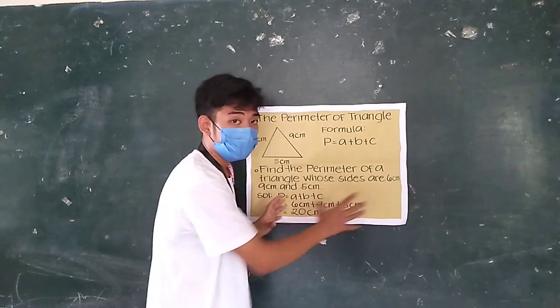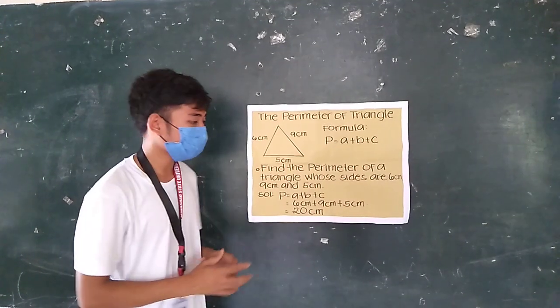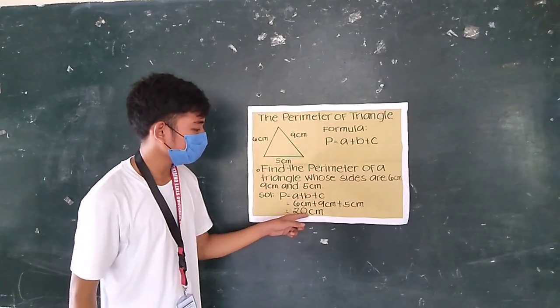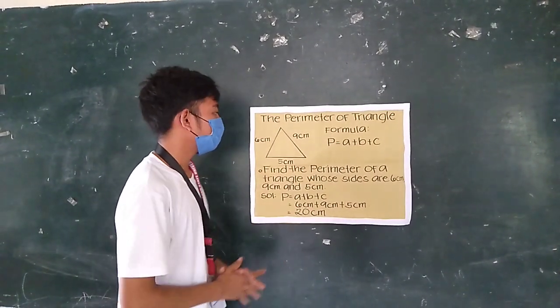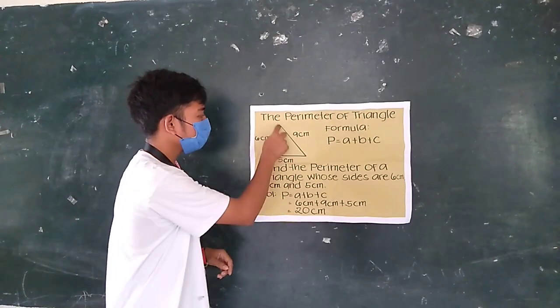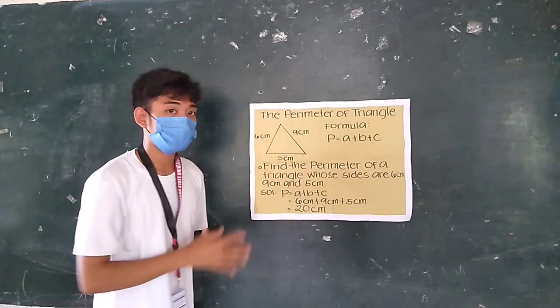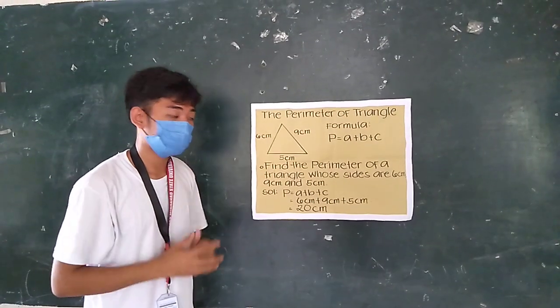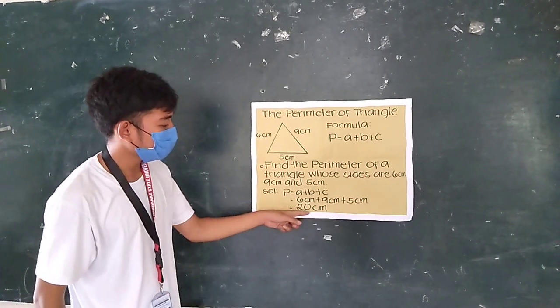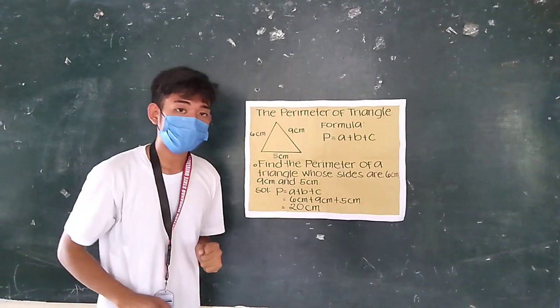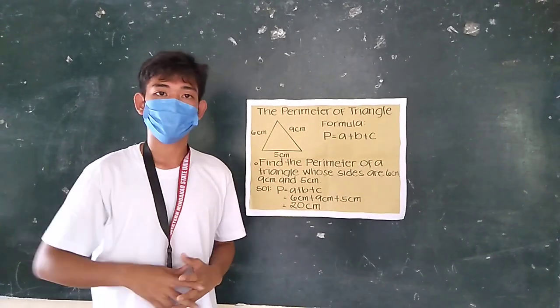If we add all these numbers, we will have 20 cm. That means the length of all the sides of this triangle, say for example a piece of pizza pie, is 20 cm in total.